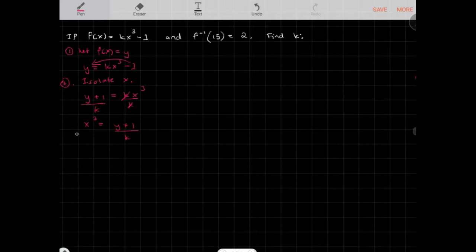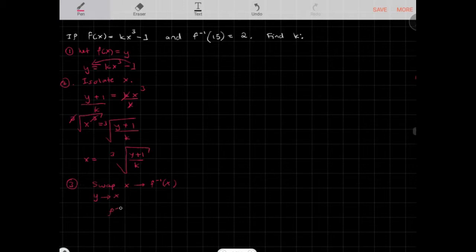To solve for x, I'm going to take the cube root of both sides. The cube and the cube root cancel out, so x is equal to the cube root of y plus 1 over k. In the third step, I swap x and y, so x becomes f inverse of x and y becomes x.